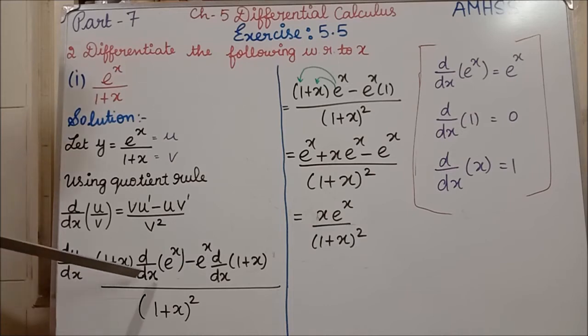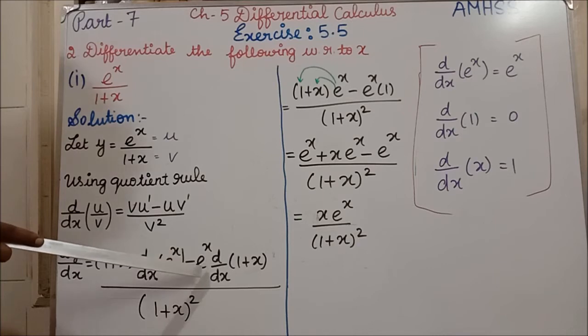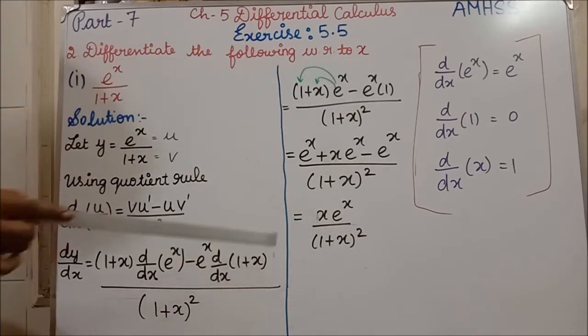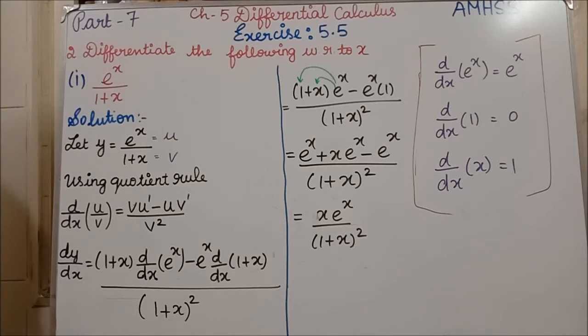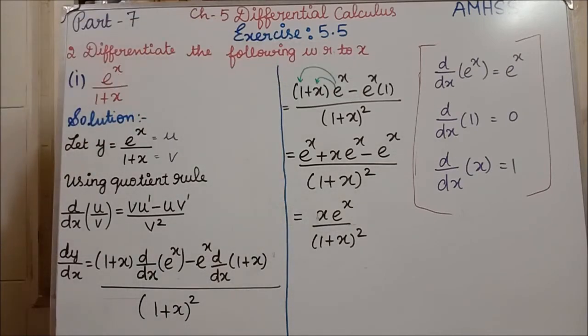So 1 plus x into e power x minus e power x d by dx of 1 plus x we are having, isn't it? So d by dx of 1 is what? 0. Why is d by dx of 1 equal to 0? Because 1 is a constant. If you are differentiating only the constant term you will get the answer as 0.